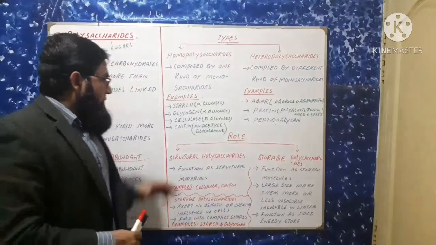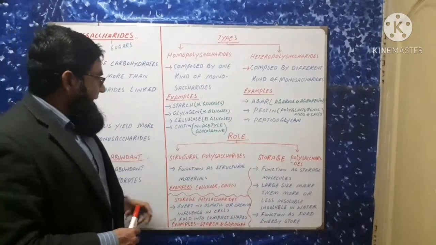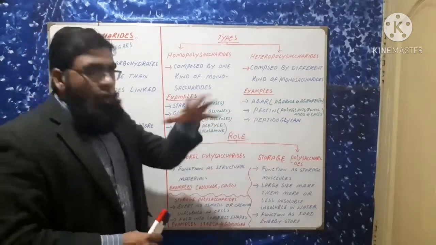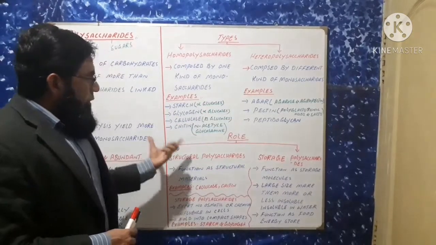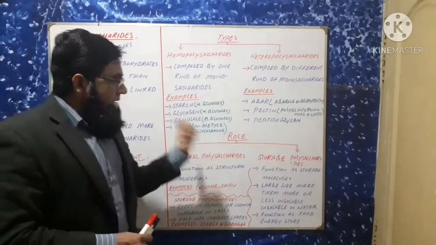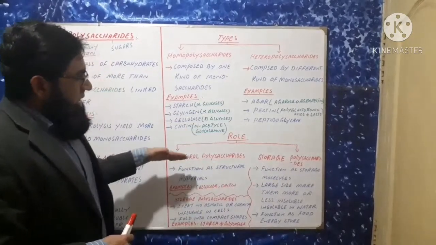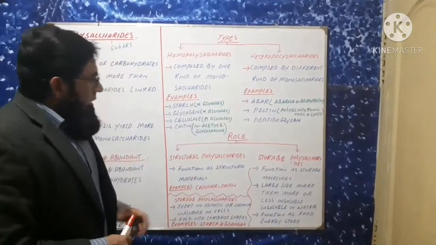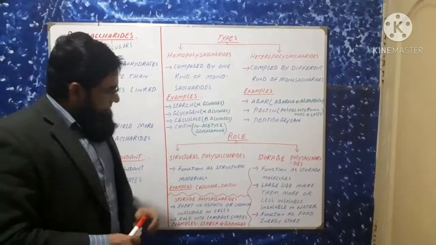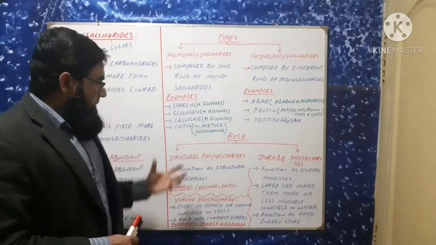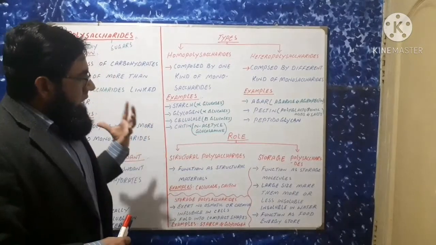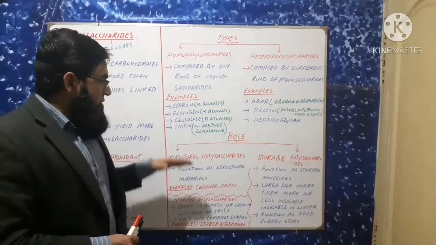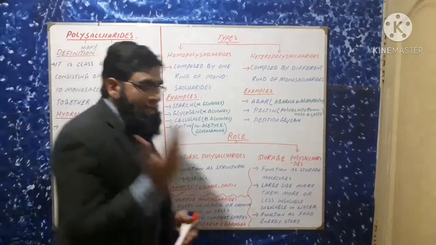What is the role of these polysaccharides? On the basis of their role, we divide polysaccharides into two groups. The first type is called structural polysaccharides, and the second type is called storage polysaccharides. What are structural polysaccharides? Structural polysaccharides are involved in the formation of different types of structural materials in the cell.